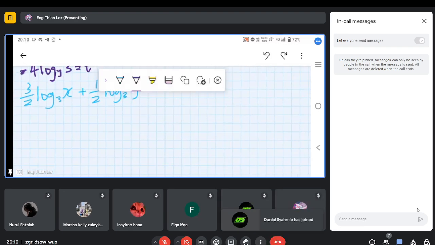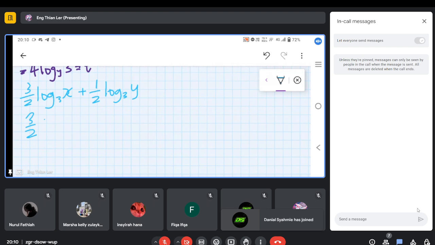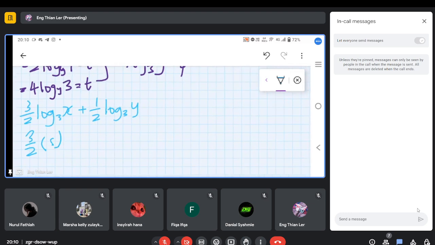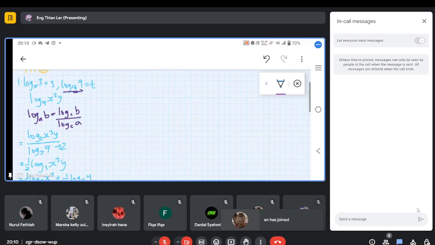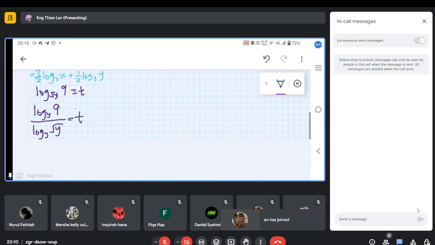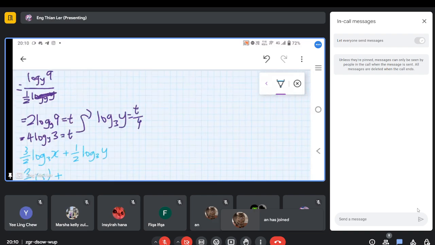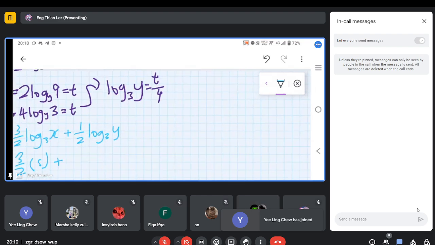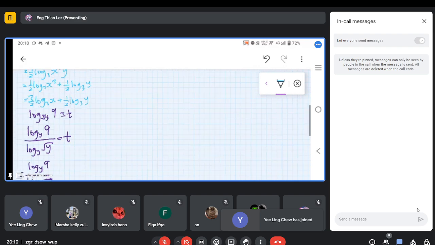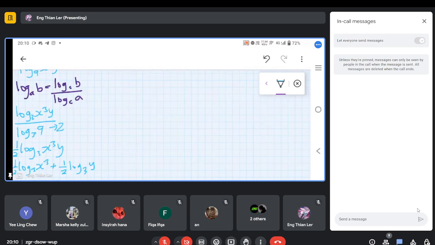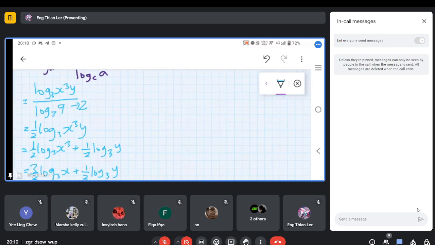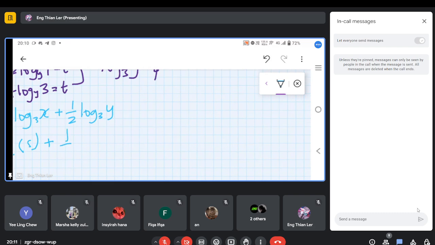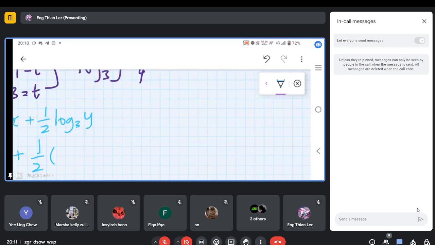So this will become 3 over 2 log x base 3, which is s, plus 1 over 2 log y base 3, which becomes 1 over 2 times t over 4.